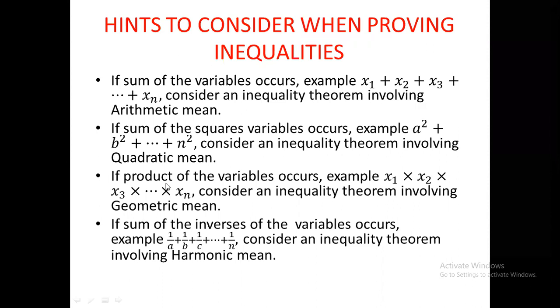All right, if again you look at the problem and you see the product of variables occur, you should consider bringing in geometric mean, one of the inequality theorems that has to do with geometric mean, like AM-GM. You consider bringing it into the picture.